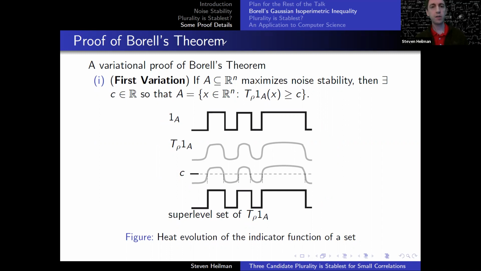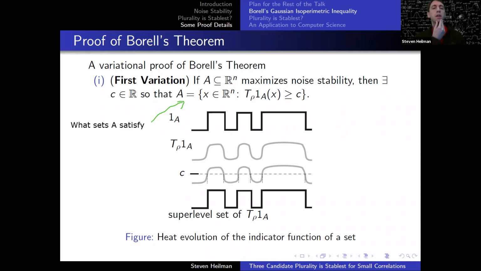In fact, it's sort of a separate question, which I don't actually know the answer to: what sets A satisfy this equality? It's a question in and of itself. It's not really clear why. When you start thinking about this question, you realize this should be pretty rare for sets to satisfy.